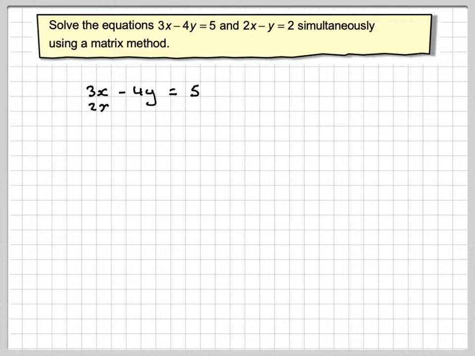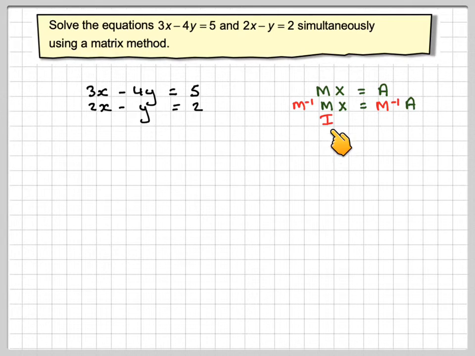Okay, so let's write them out like we normally do. 3x minus 4y is equal to 5 and 2x minus y is equal to 2. Now, the theory works like this. If we have a matrix M times another matrix X is equal to another matrix A, then if we find the inverse of M and pre-multiply by M to the minus 1, as long as we pre-multiply the other side too, M to the minus 1 times M gives the identity matrix.